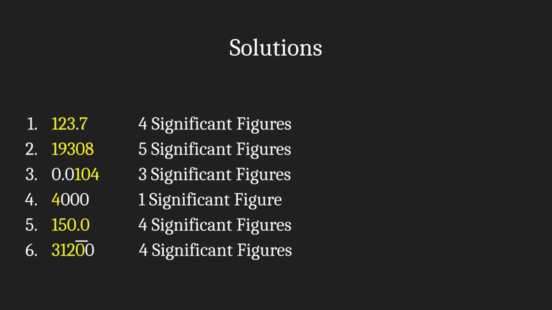So only the 1, 0, and 4 are significant, leading it to be 3 significant figures. In question 4, all those zeros are trailing, and there is no decimal, so only the 4 is significant, so there will be 1 significant figure. In question 5, everything's significant, so there are 4 significant figures. Remember that trailing zeros with a decimal do count.